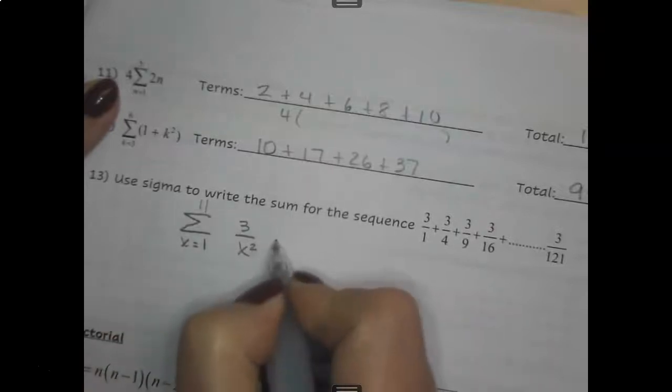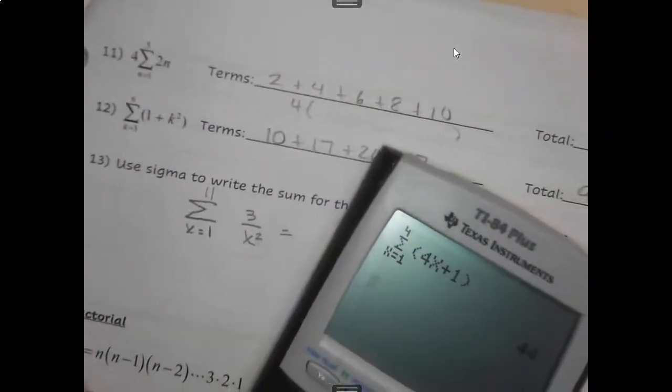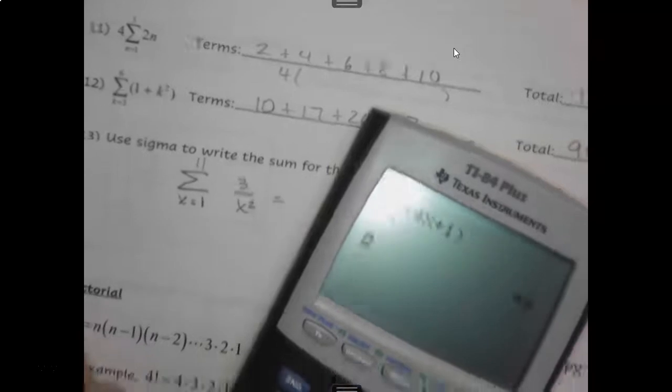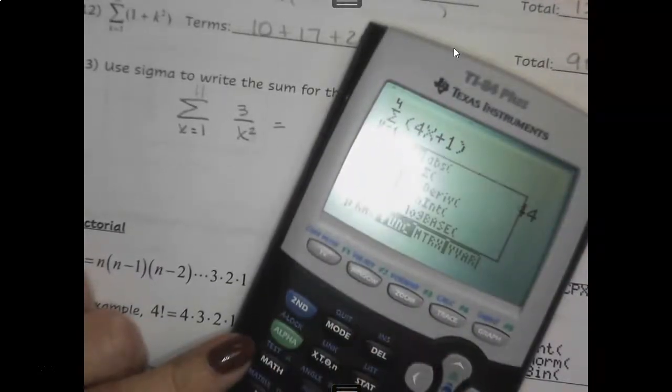Now this may be one where you want to take a minute and put your summation notation in. So I'm going to do alpha window, and I'm going to do number 2 because that gives me sigma notation.